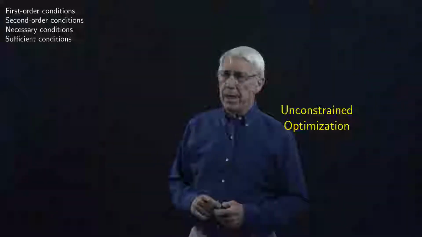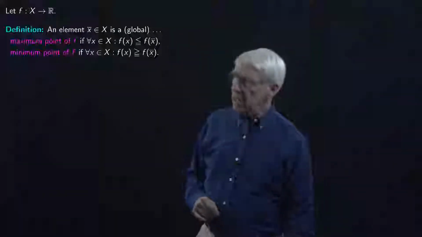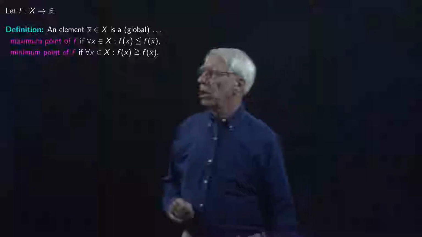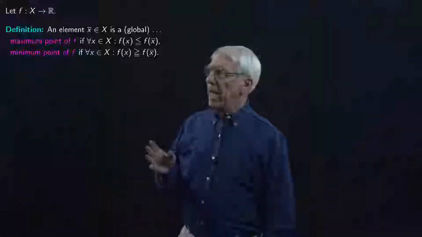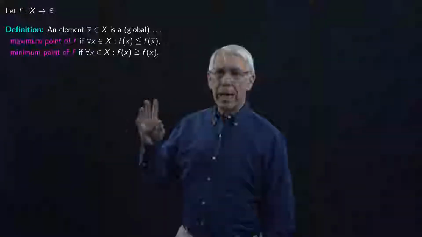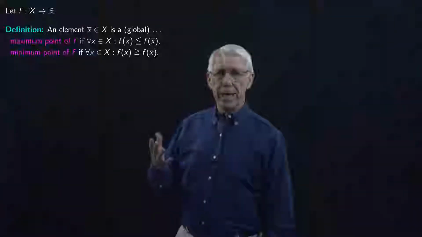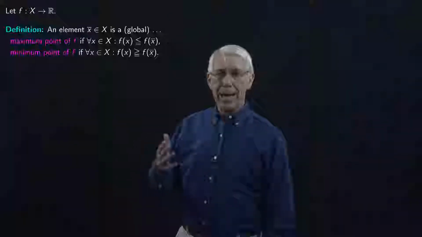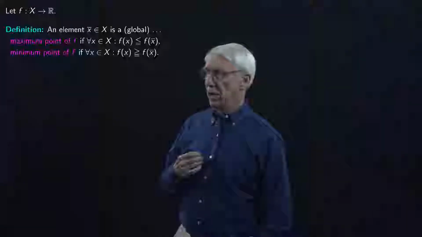So let's get started, and we're going to start with simply pointing out that we're going to be working throughout with functions. The whole idea is that we're looking for points in the domain of a function that will maximize the value of the function or minimize the value of the function.